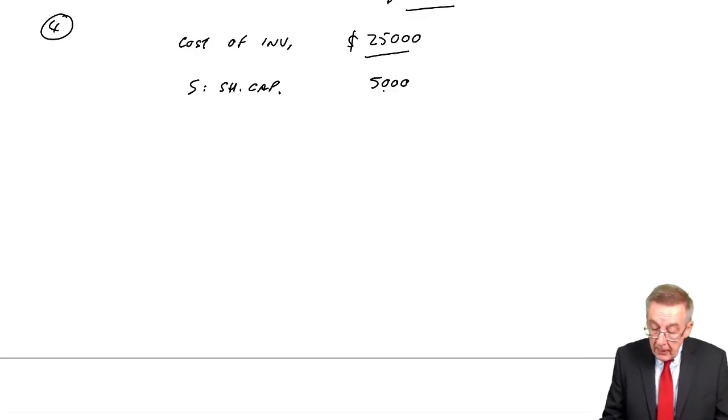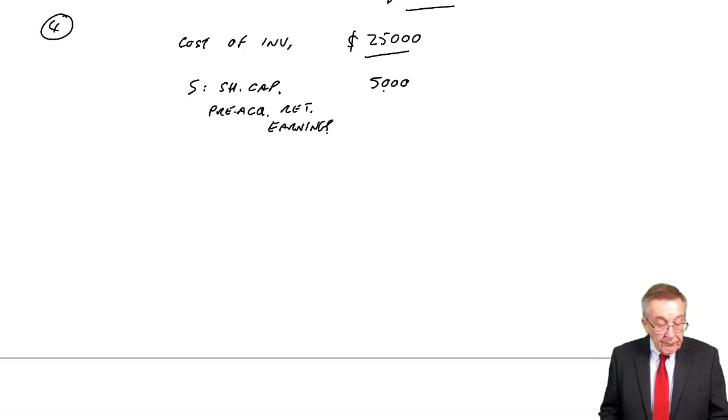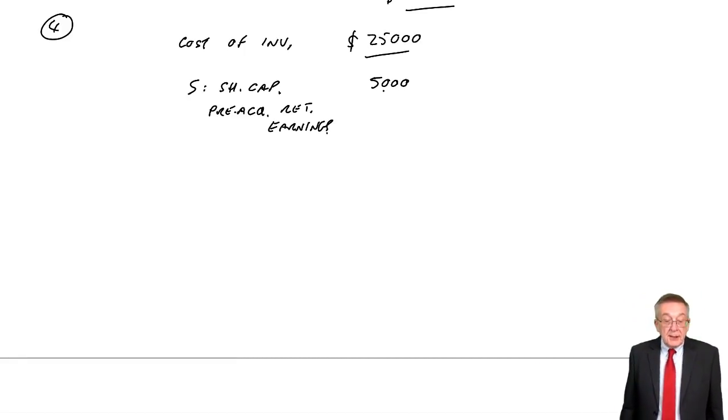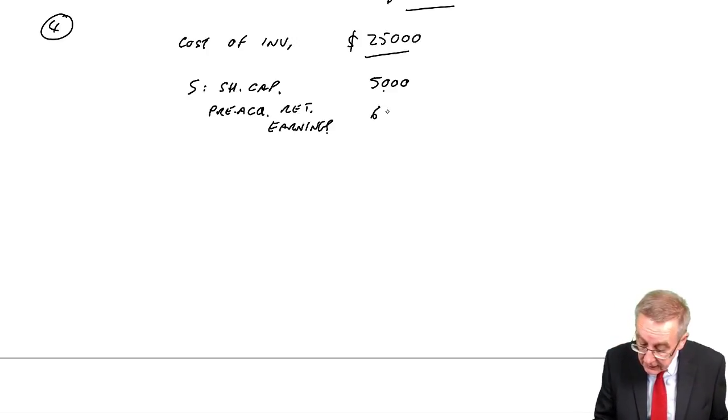But in addition, the pre-acquisition retained earnings. Second sentence, on the 1st of July 2004, the retained earnings of S was 6,000.